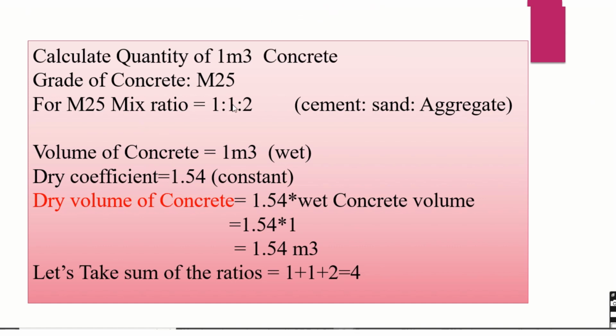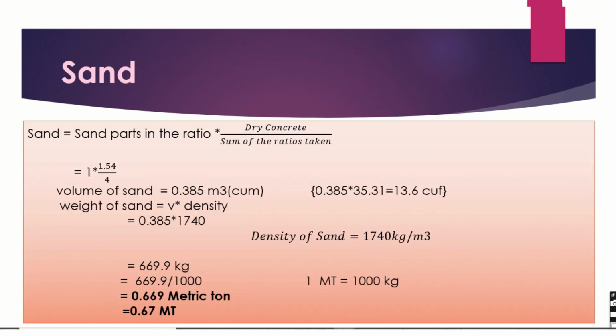See, this is 1. So we'll take 1, and we know dry concrete is 1.54 and the sum of the ratio is 1:1:2, meaning the total sum is 4. After calculating we'll get the volume of sand.